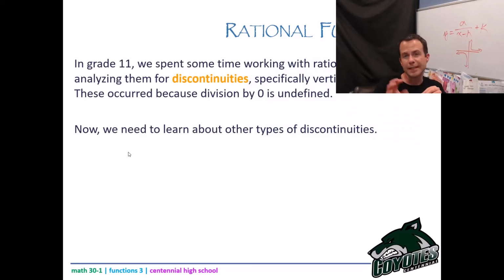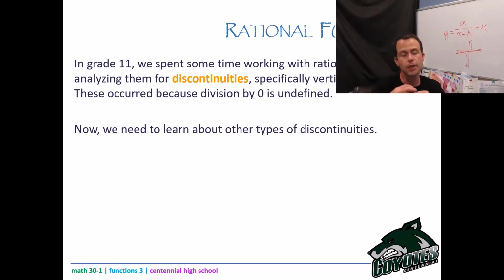Remember, when something is discontinuous, that means I can't draw the whole thing without lifting my pencil. If a function is continuous, I can draw the whole thing and never lift my pencil.